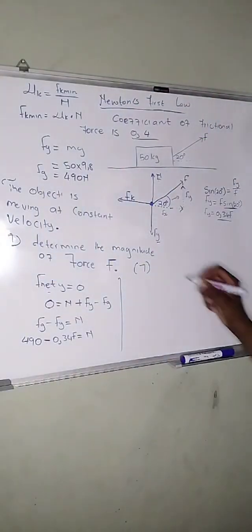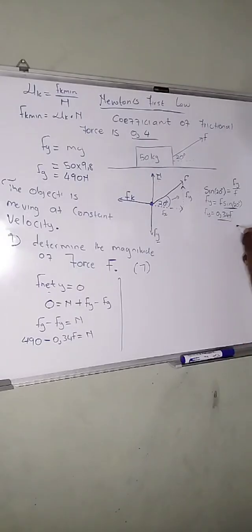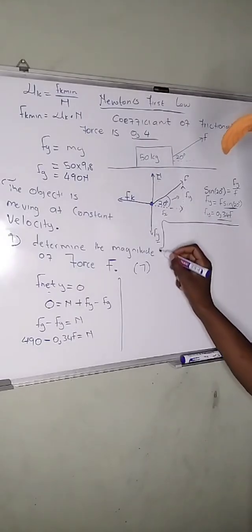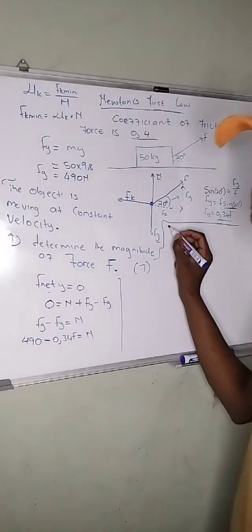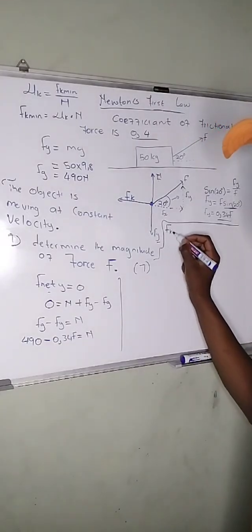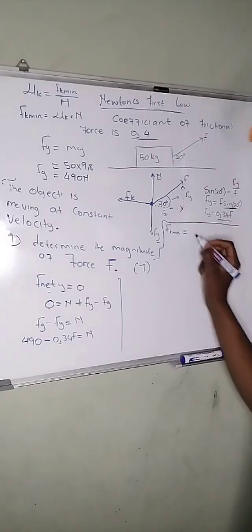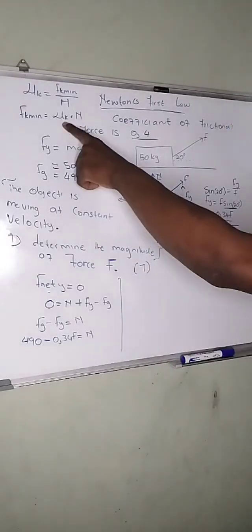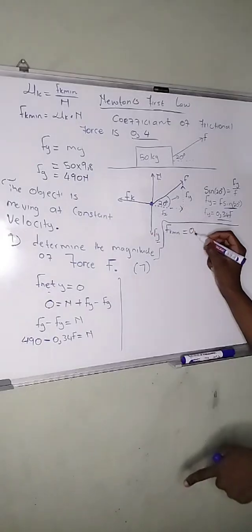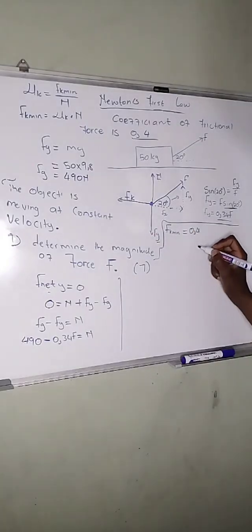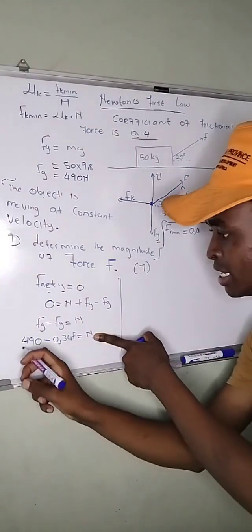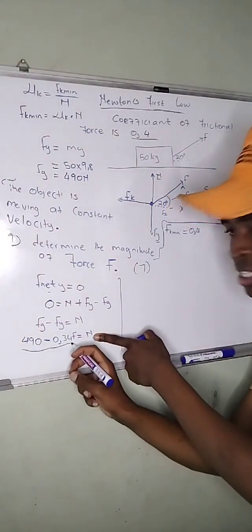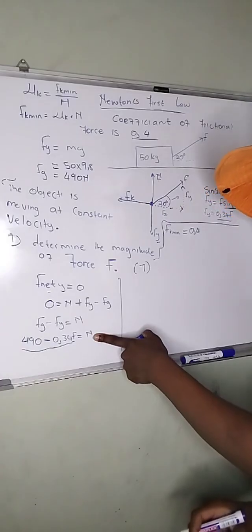So let's determine the friction. The friction is going to be Fk minimum. What's going to be the coefficient? It's going to be 0.4. And what's going to be the normal?